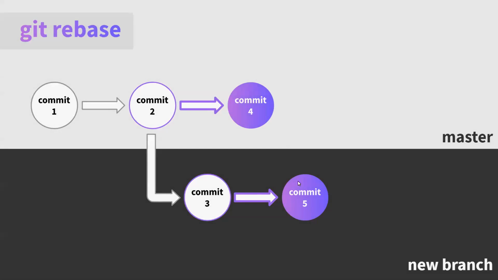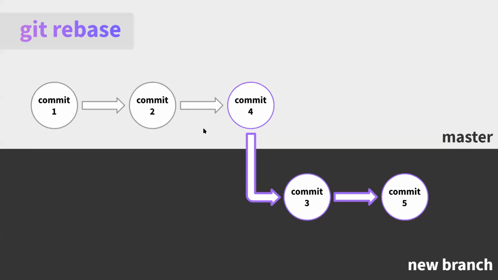And then I finish up my feature. So how do I cleanly merge this branch in? So rather than git merging, we can rebase, in which case our linear history will be modified, and then commit 4 will actually be the head of our feature branch, and then the changes can be merged in more cleanly.